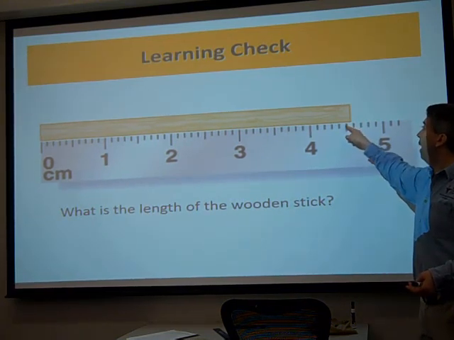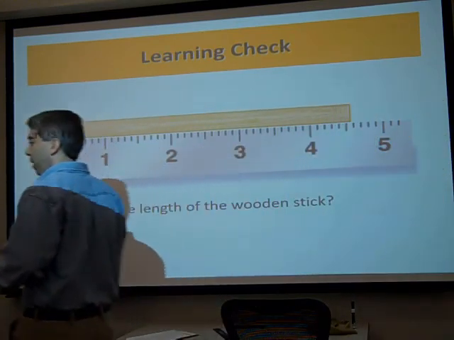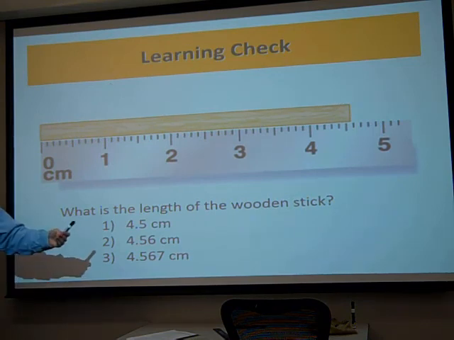So 4.55. Very good. Now, I would say it's actually a little bit past, so 4.56, but 4.55 is perfectly reasonable.